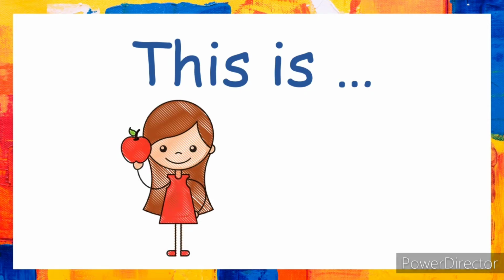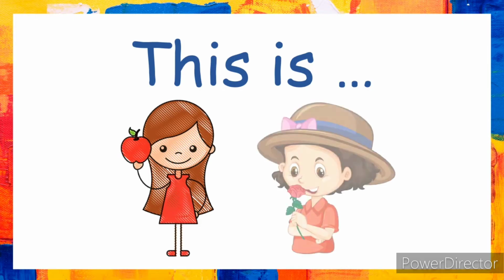Before we read, remember that we use this is when something or someone is right here with you. Example: this is an apple. This is a rose.